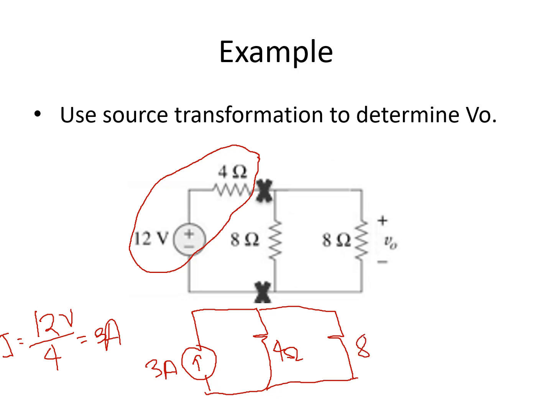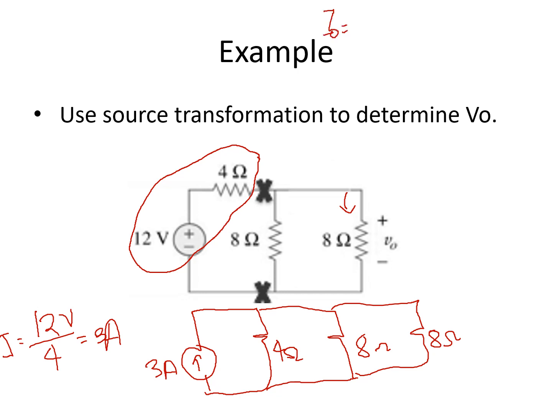So this is your 8 ohms, and this is also our 8 ohms. Using the current divider principle, this current here will divide between these three resistances. What we want to know is the current across this 8 ohm resistor. So let us solve for Io.